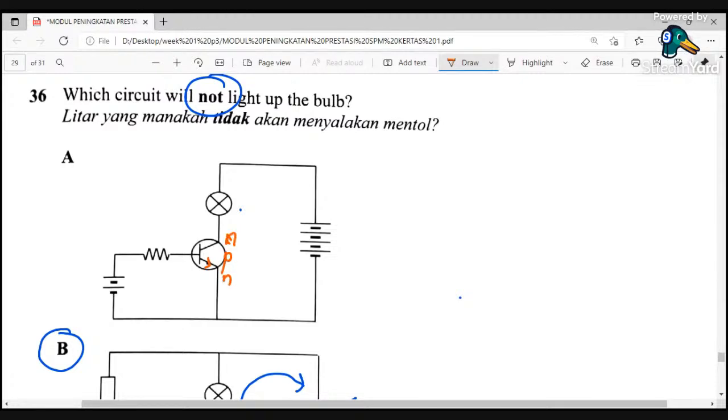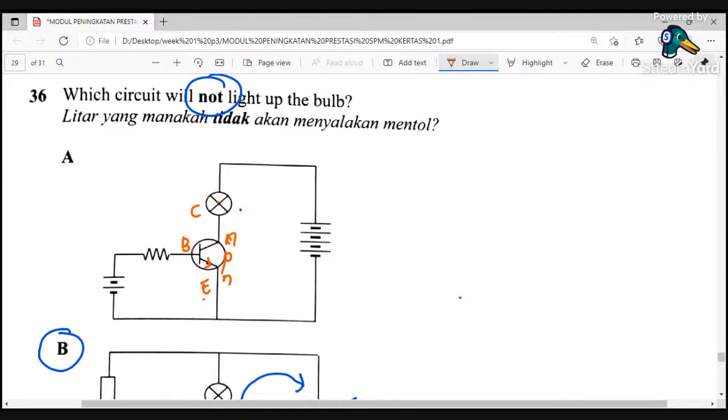Okay, so for the base part, kita panggil juga ini CBE, collector, base, emitter. So this part, we also call it BE junction. For the transistor to be on, BE junction must be forward bias.